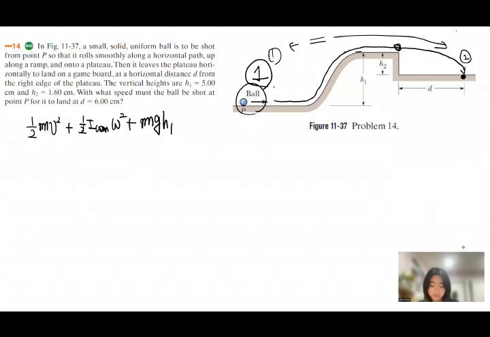In this problem, we can set the top of this track as the reference point. And that should be the same as 1/2 m v_p squared plus 1/2 I center of mass times omega_p squared.